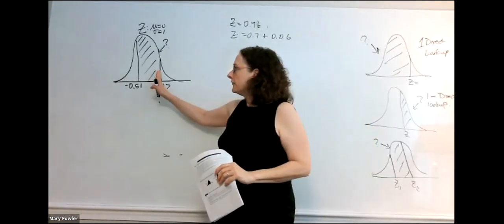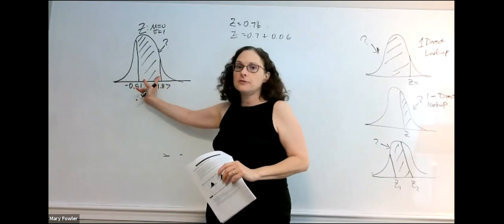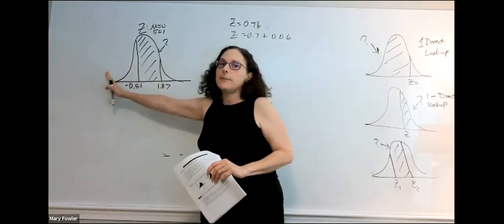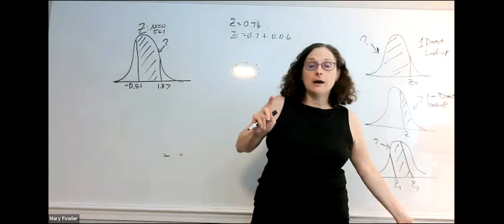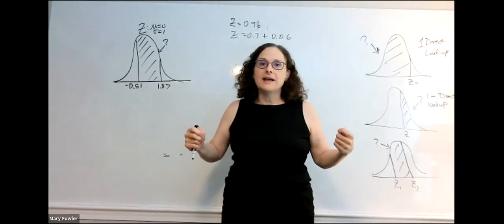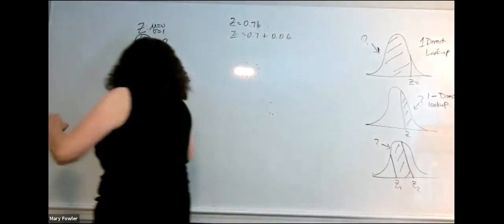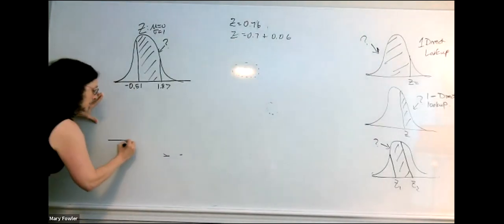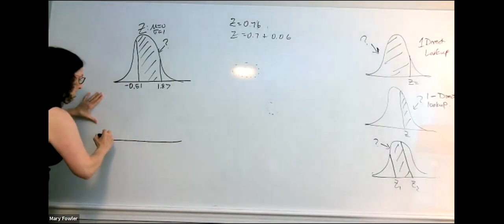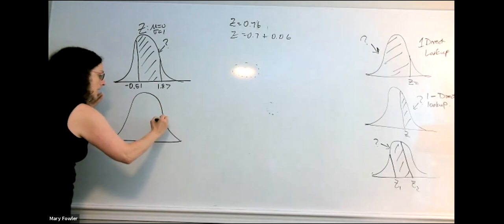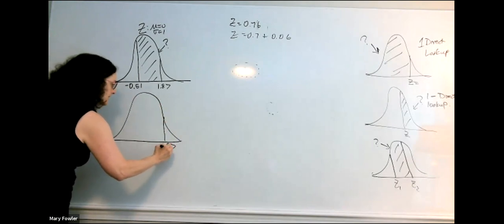So we have to figure out how to get the specified region only by looking up left tails. So what we can do is we find the area to the left of 1.87.